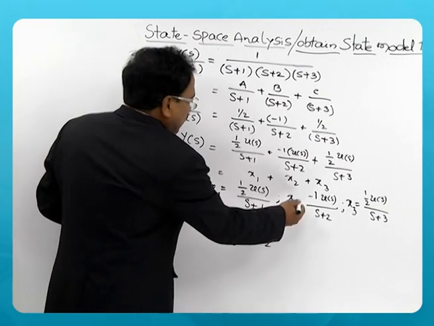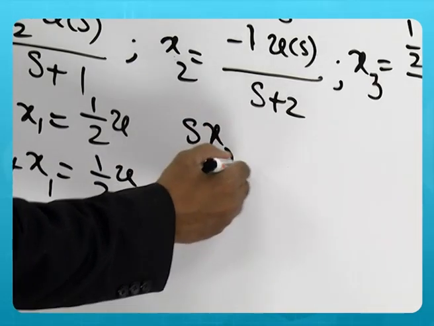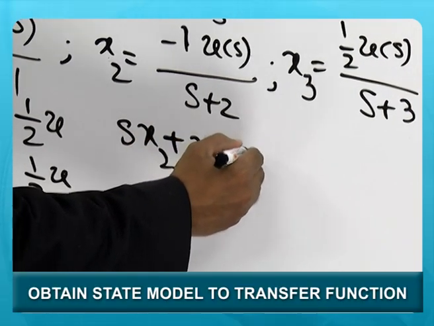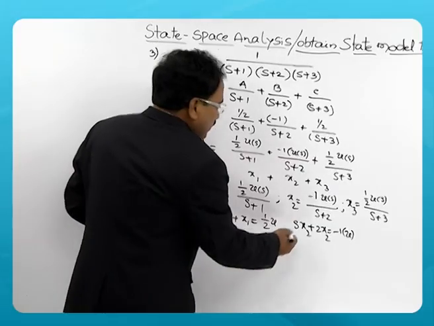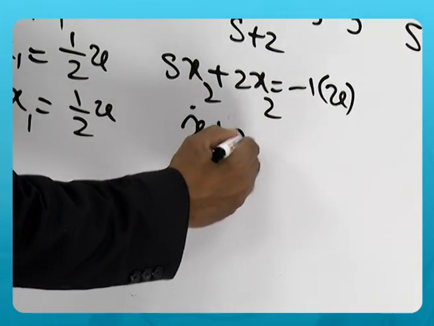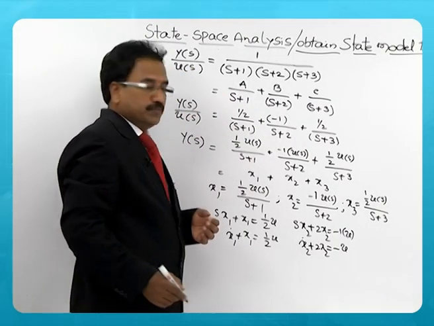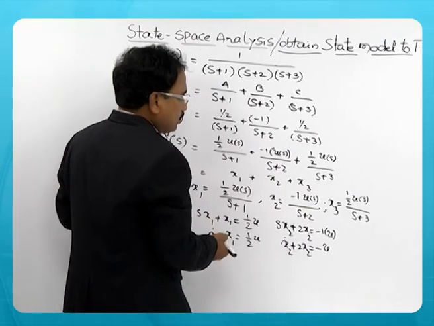Similarly, the second term sx2 plus 2x2 is equal to minus 1 into u. So sx2 means again it is x2 dot plus 2x2 is equal to minus u. sx2 is replaced by x2 dot, derivative of x2.